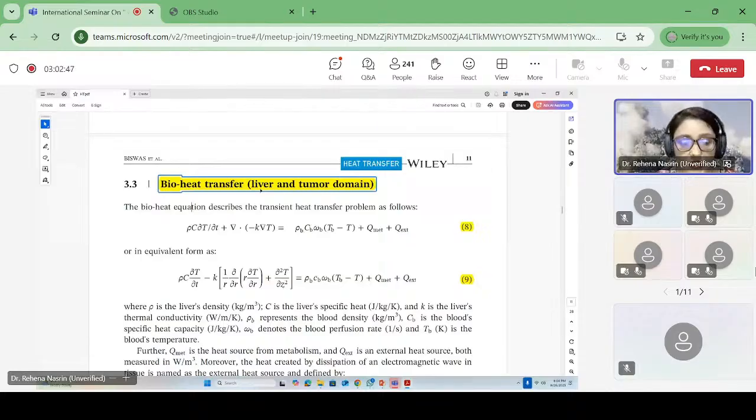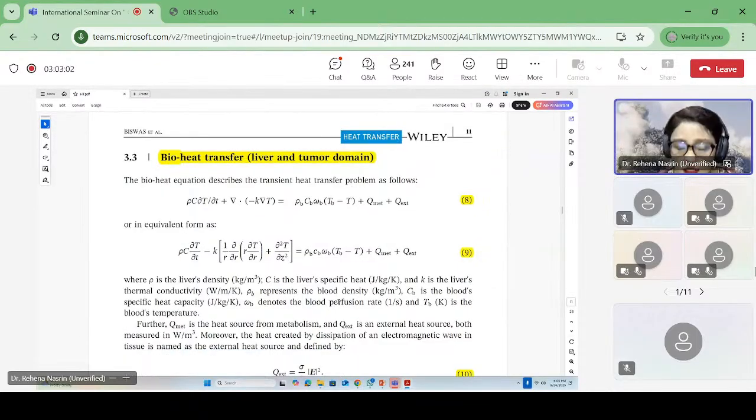Number 1, electromagnetic wave field, and number 2, Bio heat transfer model. The Bio heat transfer model is only for the liver and tumor domain, and the antenna domain has only electromagnetic wave frequency models.